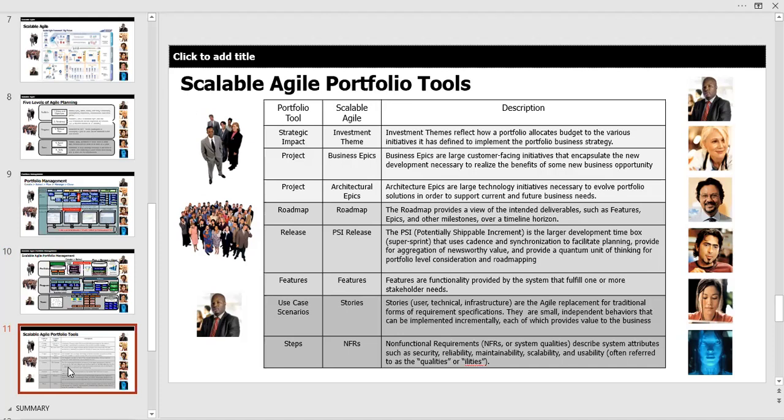So I did the session on the numbers game, financial and non-financial management, which is really about accounting. And last week I talked about adding value to the valueless concept of a story point.